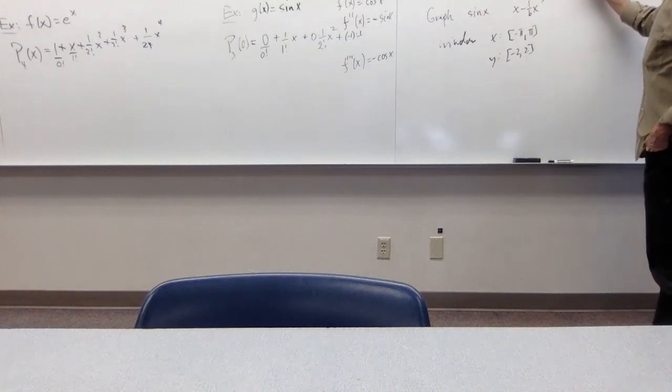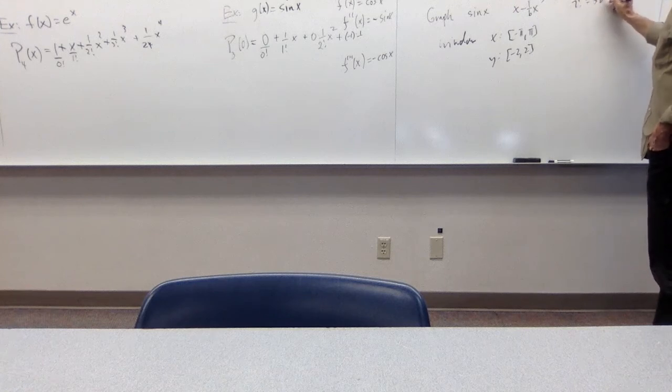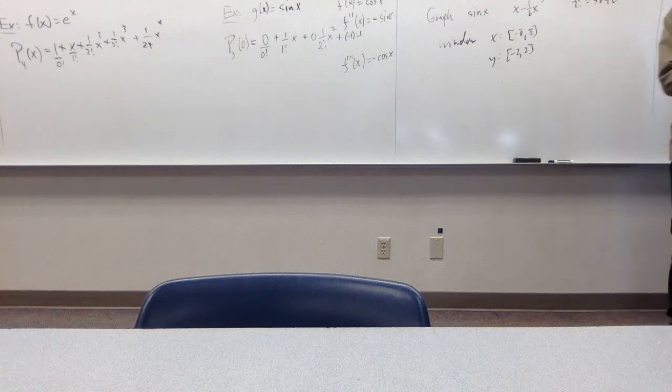x to the 7, and 7 factorial is 5,040 maybe. If you don't know where the factorial button is.